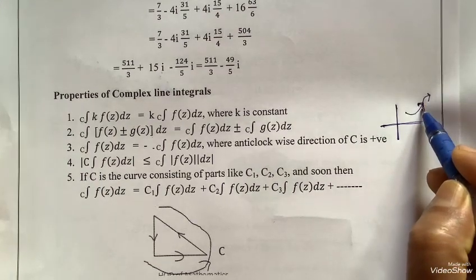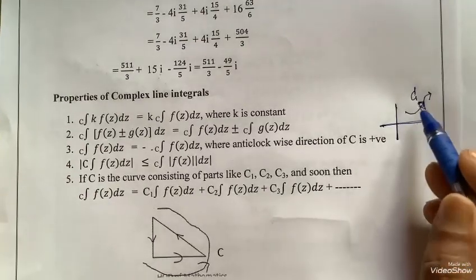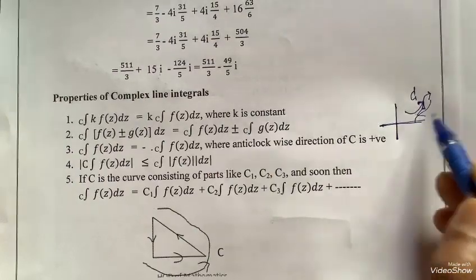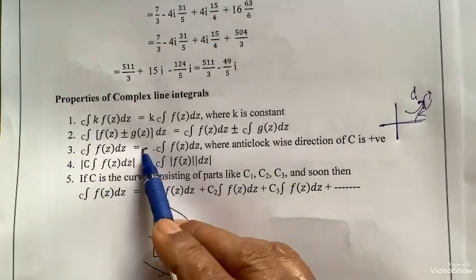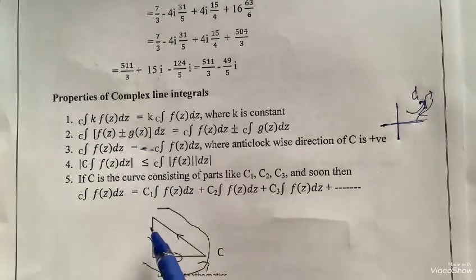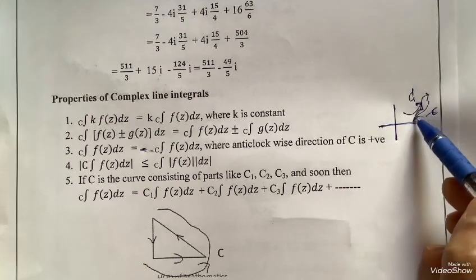Anti-clockwise direction will be taken as C here. Suppose you want to take the opposite direction, at that time you have to take it with a minus sign, and this direction is also minus C here.